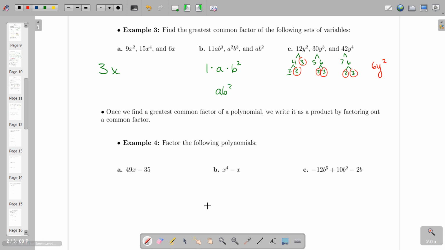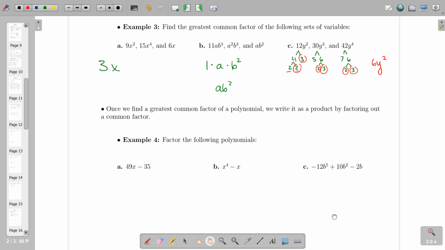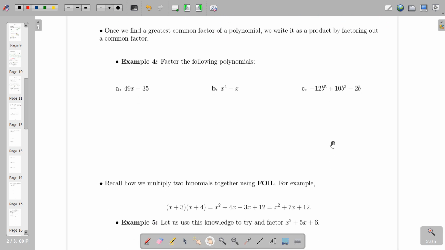All right, so far we've just found the greatest common factor of a list of terms. Okay, but what are we really trying to do with this? I said at the beginning that really the purpose of this is to kind of undo that process of multiplication that we did before. And so first I want to think about the distributive property that we used, right? So if I have something like 5 times 3x plus 2, we know that that distributes through and becomes 15x plus 10.